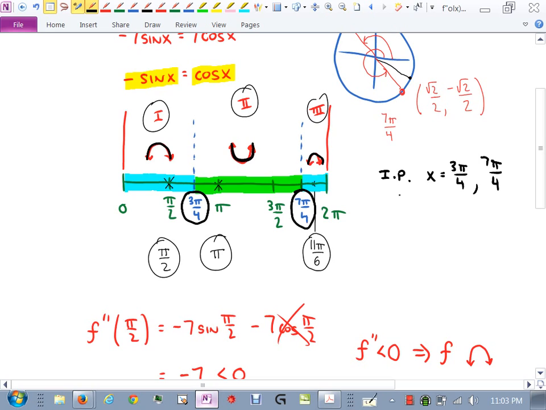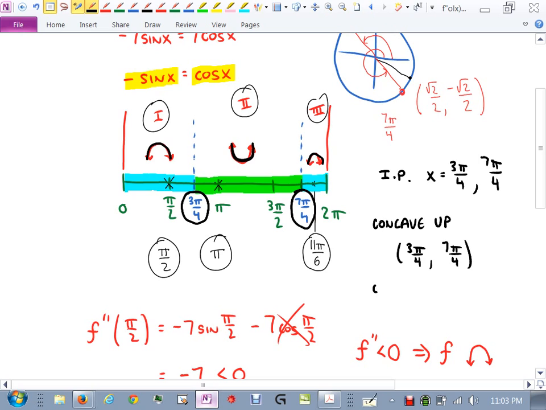And then finally, I'm concave up on the interval 3 pi over 4 to 7 pi over 4.